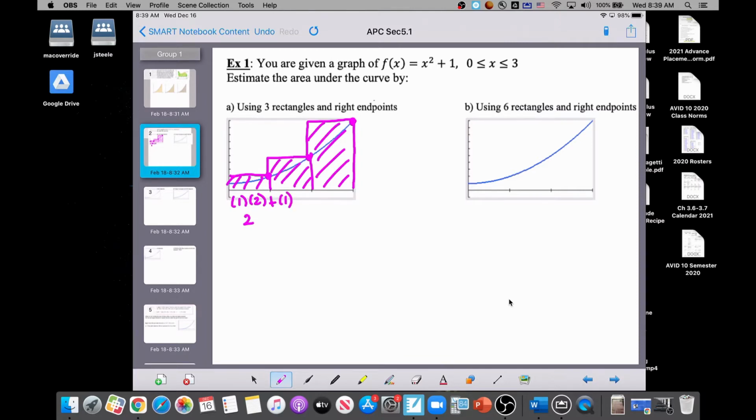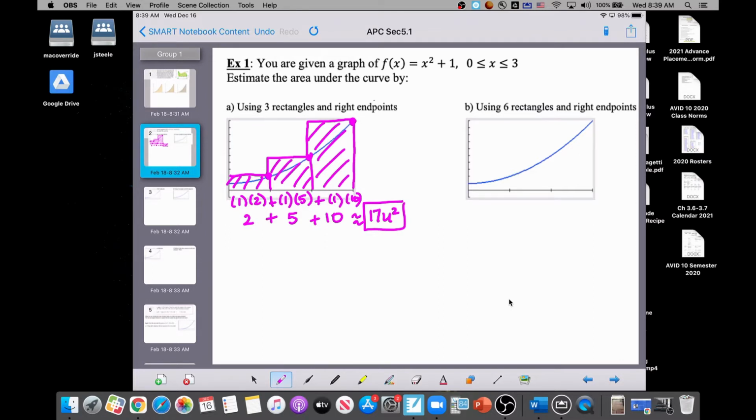It looks like it has a height of 5. So 1 times 5 would be 5, plus, and then our third rectangle has a base of 1 and a height of 10. So 1 times 10 is 10. And we add those together, and we get an approximate area of 17 units squared. Now, looking at the picture, we know that this is an overestimate, right? Because the tops of our rectangles go quite above the curve when we're using right endpoints.